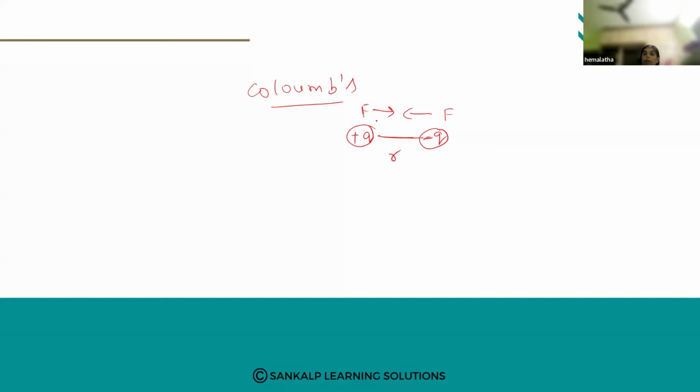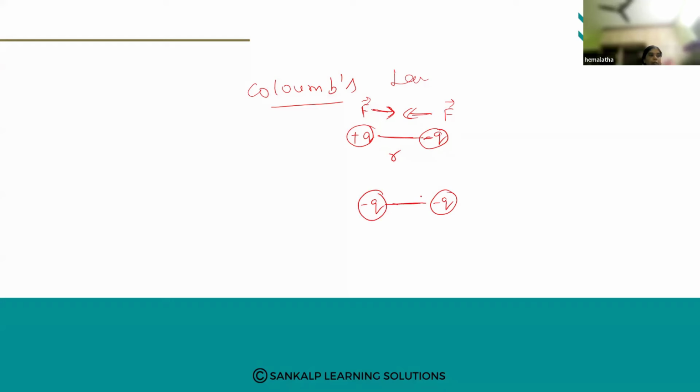Okay, we know that force is a vector quantity. Correct. So it should have some direction, not only magnitude. What is the direction of the force then? According to Coulomb's law, the direction of the force is like this. If the two charges are of different types, then we know an attractive force will be there, meaning one force acts from this direction and the other force acts from that direction. Suppose they have the same type of charges, like charges.